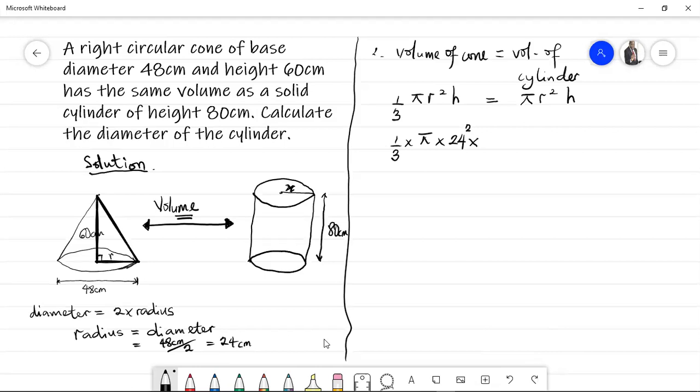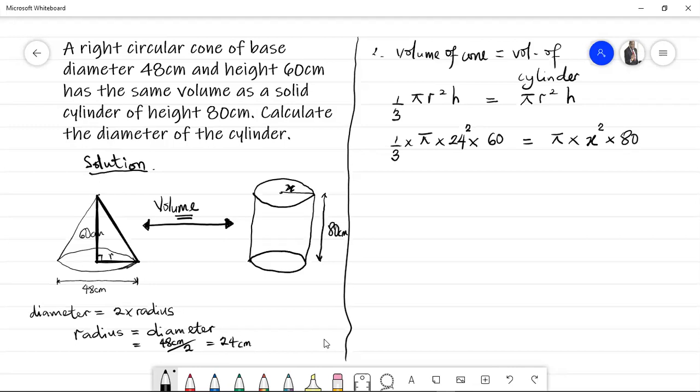The height of the cone is 60. And that will be equal to pi again, multiplied by r squared. Since I decided to represent the radius of the cylinder as x, instead of r I'm writing x squared. Then multiply by the height of the cylinder, which is 80 centimeters.